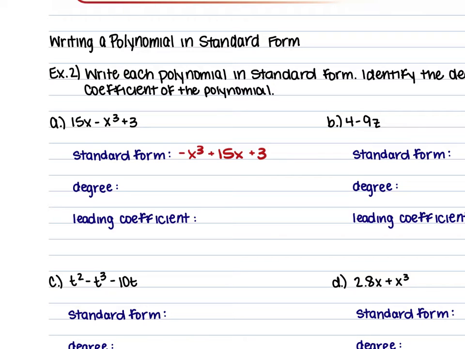From here, our degree comes from the highest power. Your highest power is 3, and then your leading coefficient comes from the term that comes first in the standard form. Your first term in standard form is that negative x cubed, so its coefficient is a negative 1.